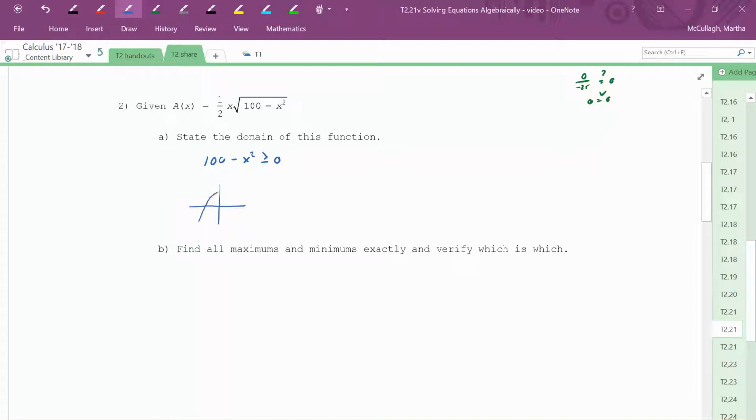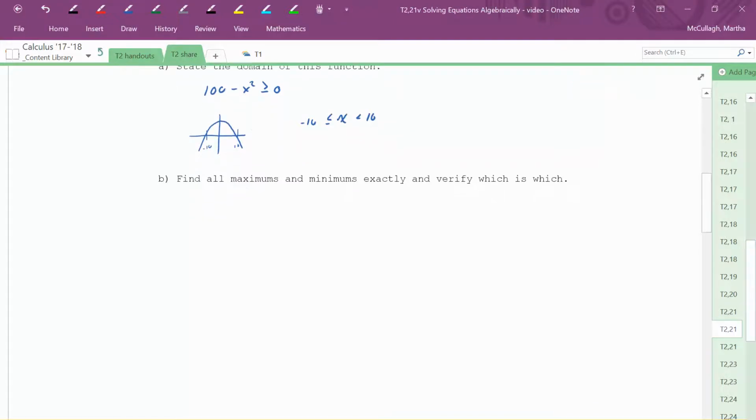I know when I draw that parabola, it's an upside down parabola, or parabola opening down. And I know that my intercepts are -10 and +10. So this function must be positive when x is between -10 and 10. So our domain is from -10 to 10.